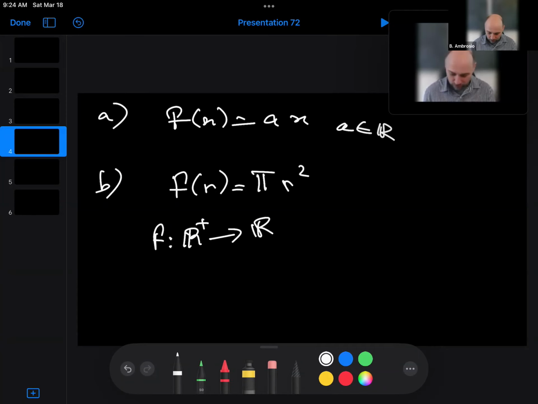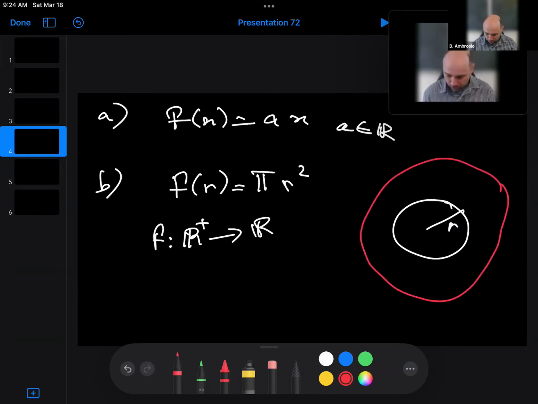You know that's the area of a circle of radius r. So now if my radius changes, my surface changes, and that's the formula. This is not a linear function, right? Because it doesn't satisfy the two conditions that I gave. Essentially, you have here a square, and this implies it's not a linear function.